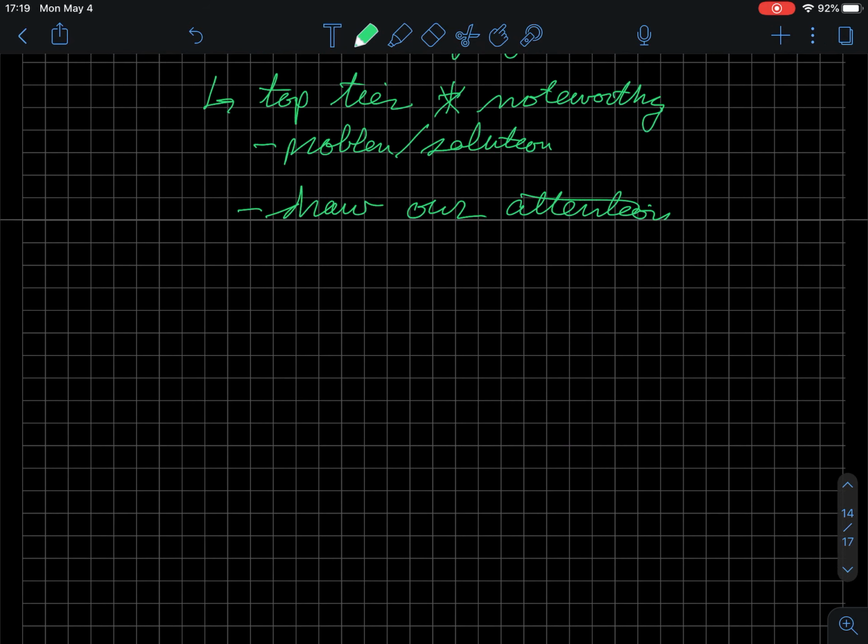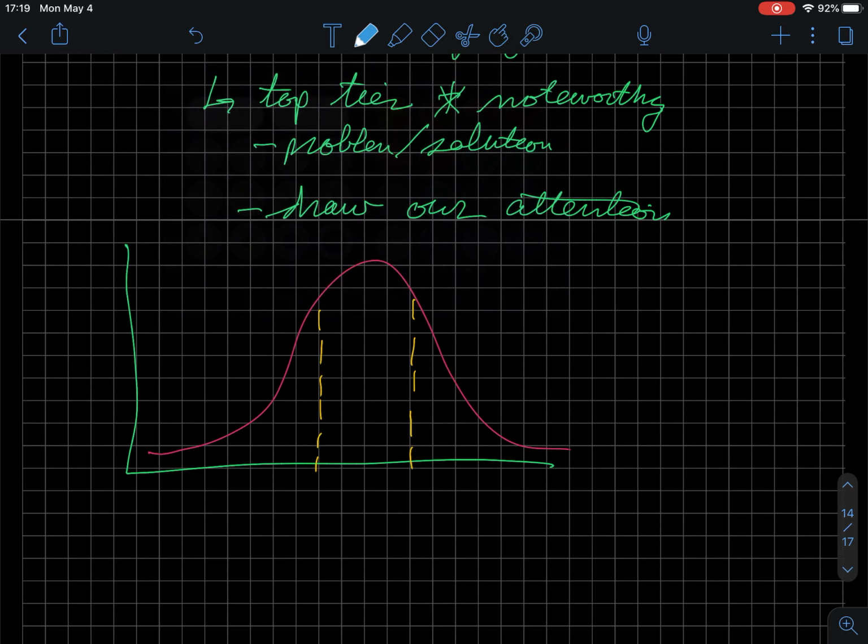Because when we think about this on a graph, we have 1 right here, and then we start getting into these 2s, where 68% fall here and the 95% out here. We're talking about the negative side, out here.